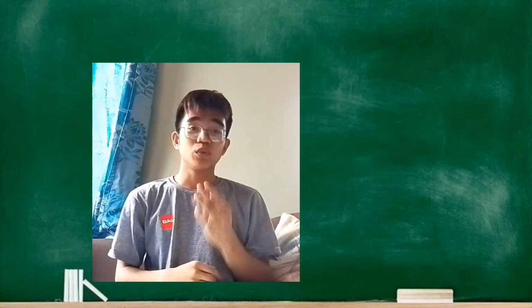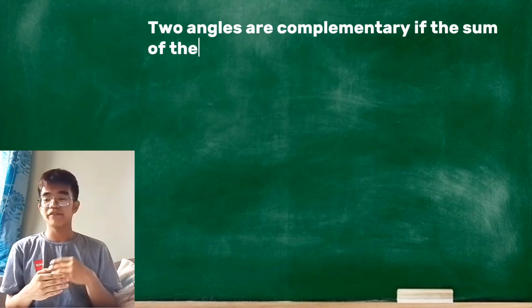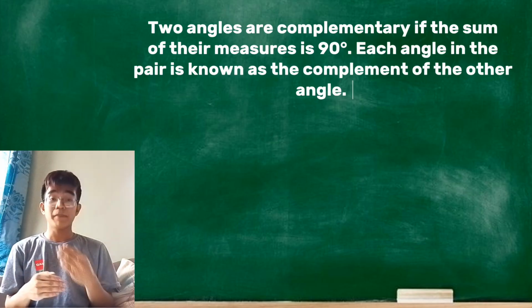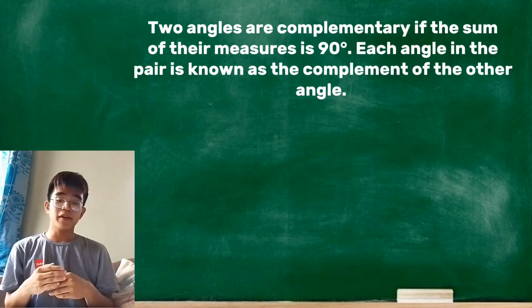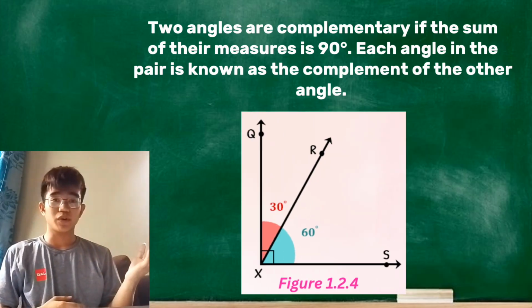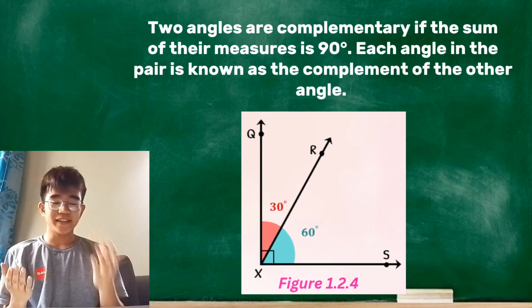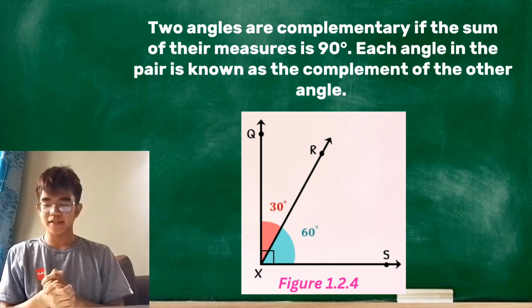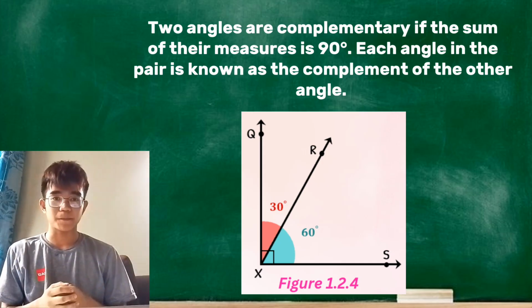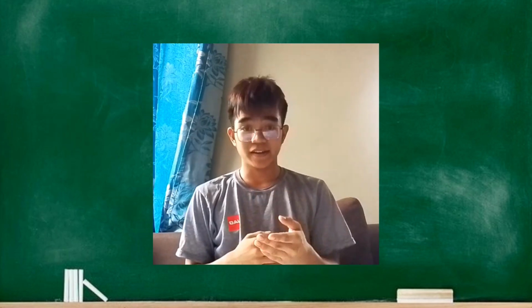Complementary angles. Two angles are complementary if the sum of their measures is 90 degrees. Each angle in the pair is known as the complement of the other angle. As shown in figure 124, 30 degrees and 60 degrees are complementary angles because their sum is 90 degrees. Supplementary angles.